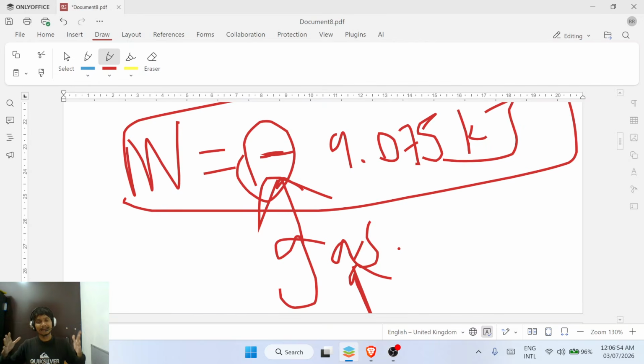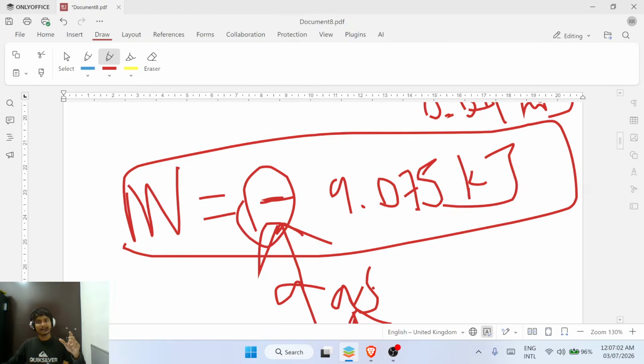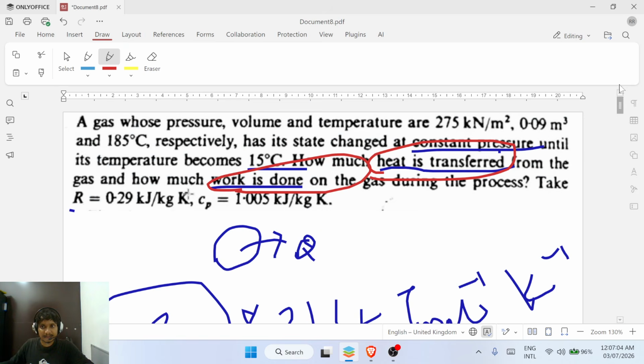If the gas did anything, the sign will be plus. Here the question asks how much work is done on the gas. Therefore, if the gas does work, W is plus; here work is done on the gas, therefore W will be minus.